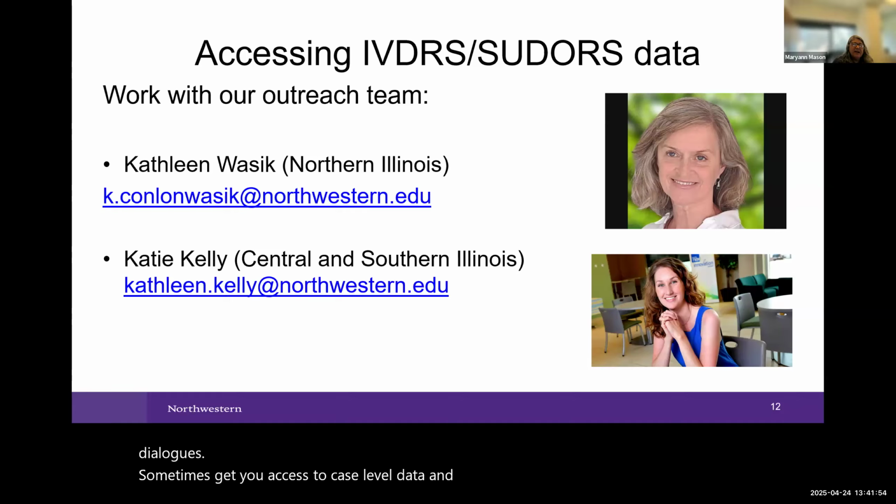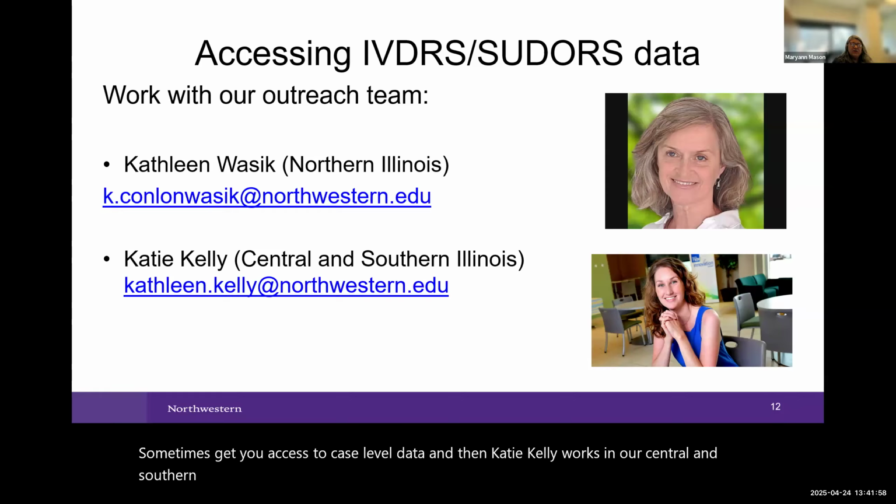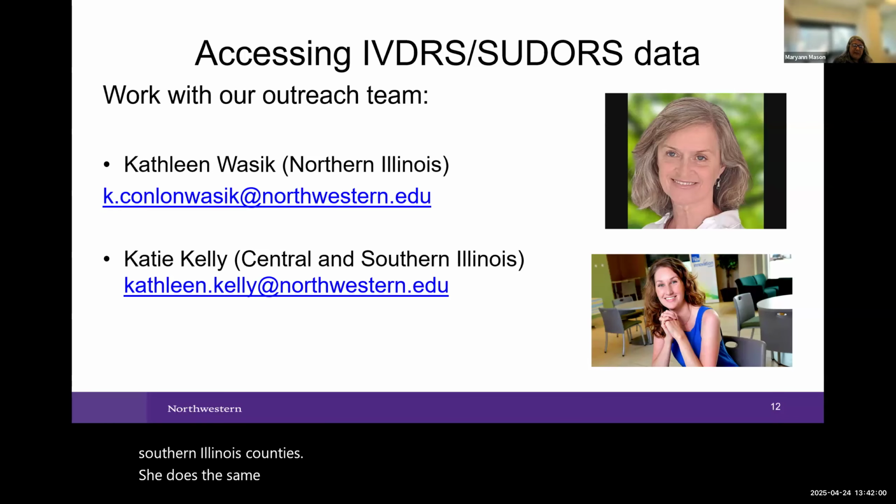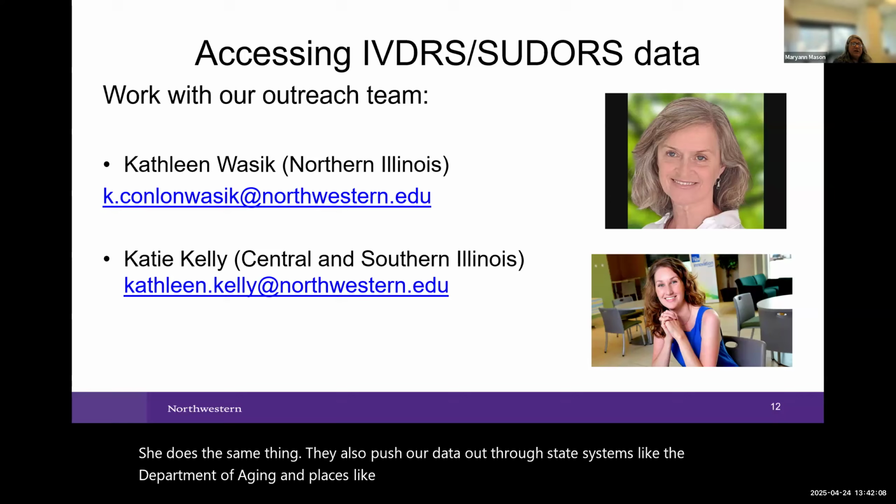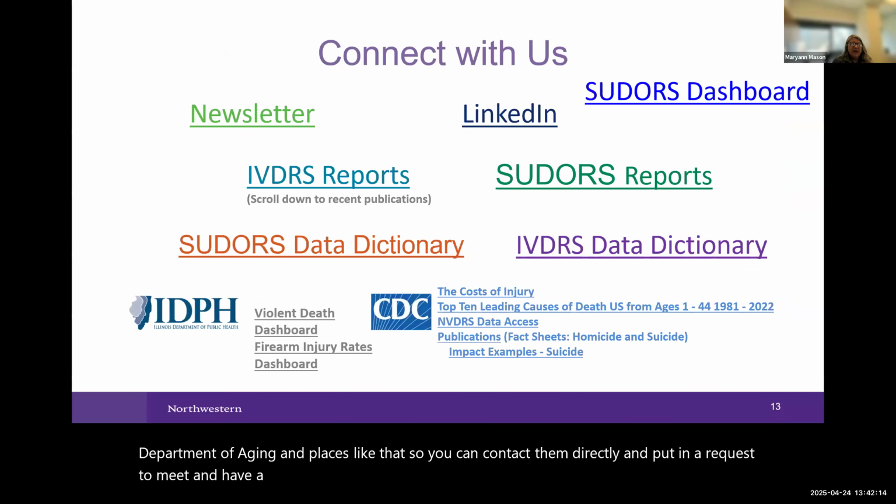And then Katie Kelly works in our Central and Southern Illinois counties. She does the same thing. They also push our data out through state systems like the Department of Aging and places like that. So you can contact them directly and put in a request to meet and have a discussion about that.